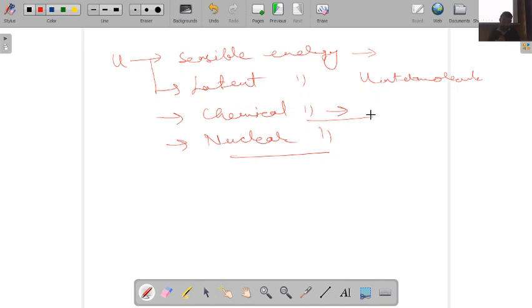Okay, similarly, in the case of a nuclear reactor, what happens? Like in a nuclear fission reaction, the core of the atom, the nucleus, is getting split, and that has energy stored in the form of binding energy at the nucleus. When that energy is released, that also changes the internal energy of the system.